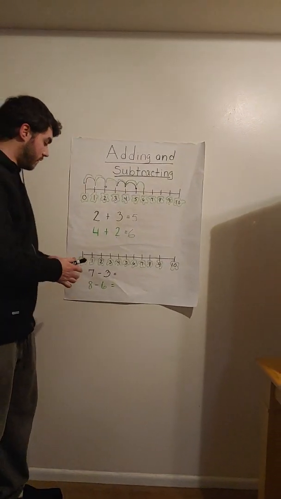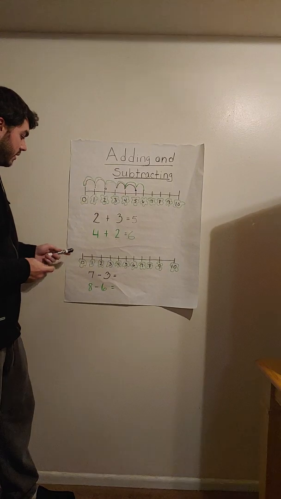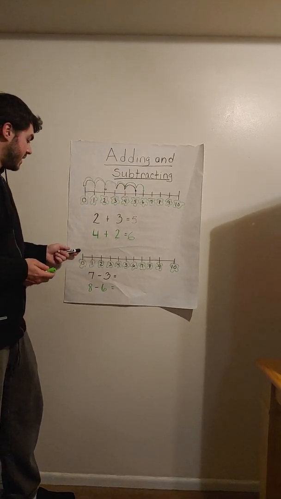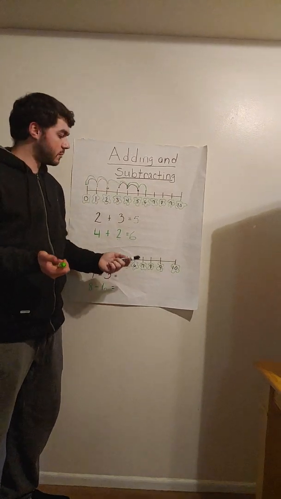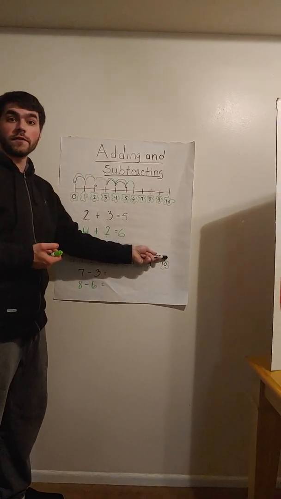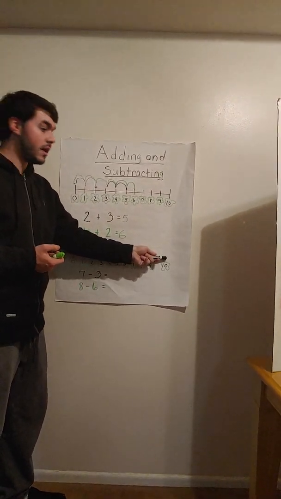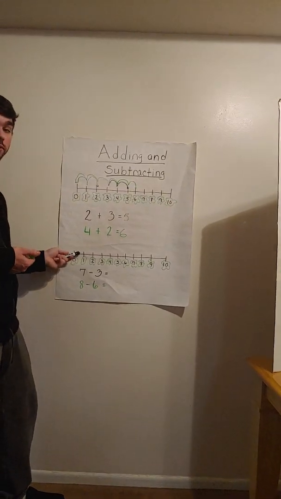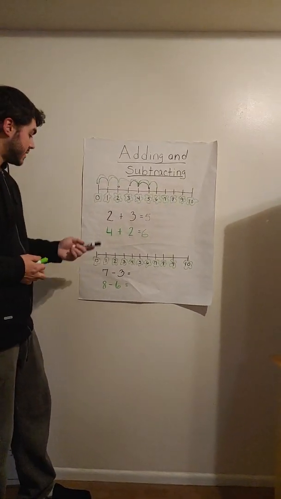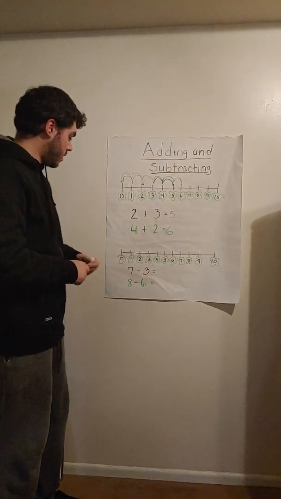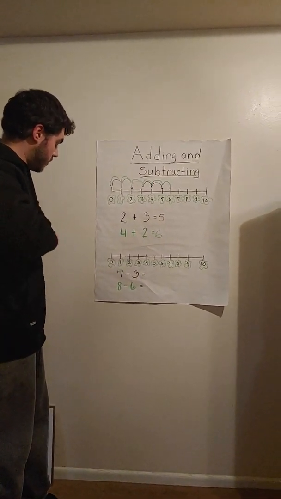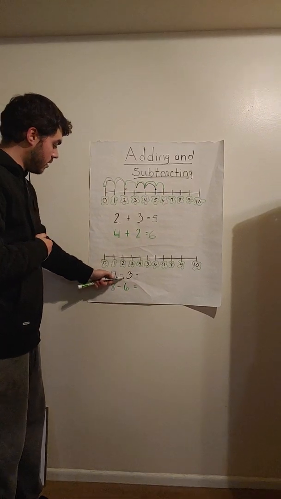So when our frog is going across the lily pads, we're not adding this time. We're subtracting, which means our frog has to start from here and go back across the lily pads. So let's start by looking at an example. So we have right here 7.